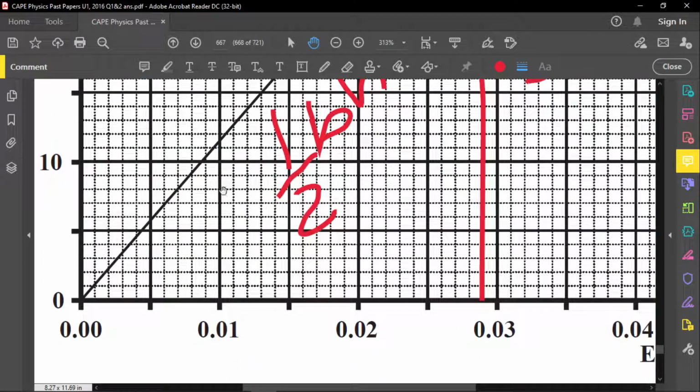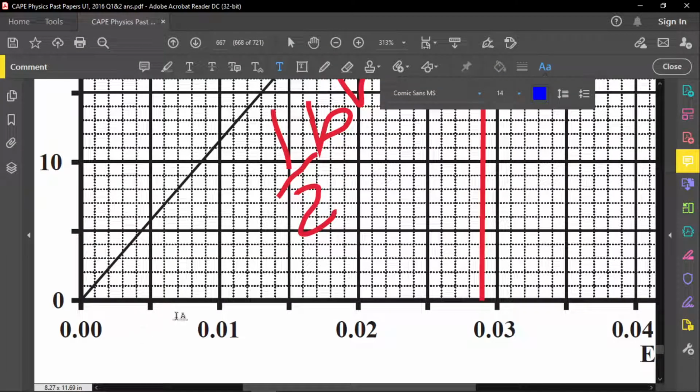I want to make sure that we know what the base is. Remember, coming from the 0 point to 0.01, half of this will be 0.005. Let me just make a note right here so you can see what I'm talking about. So this here will be 0.005. That's kind of big, but I actually wanted to see it.